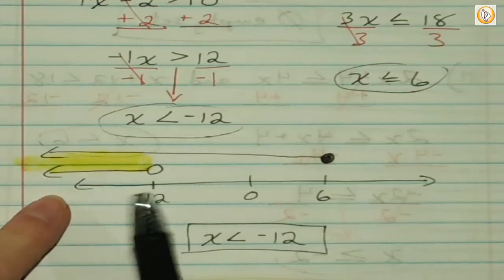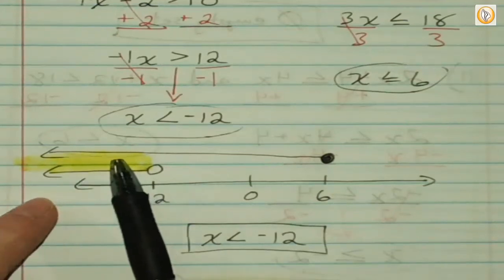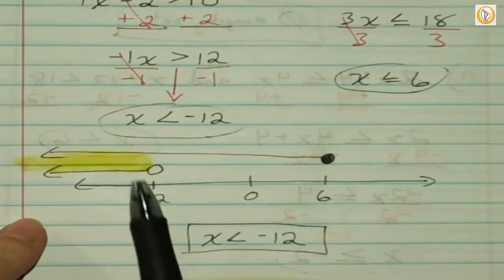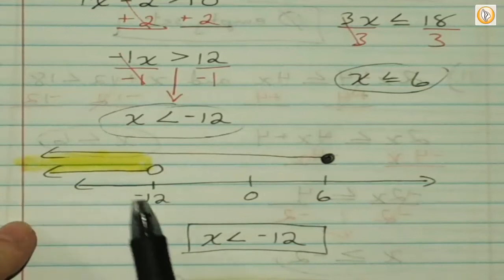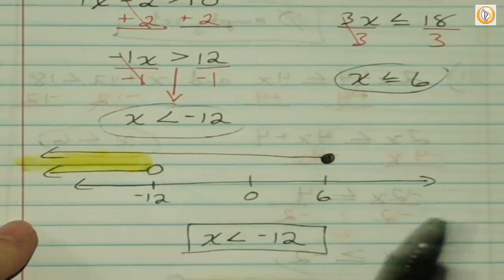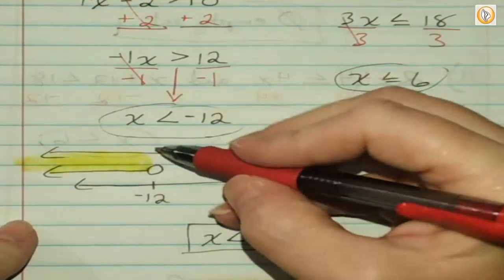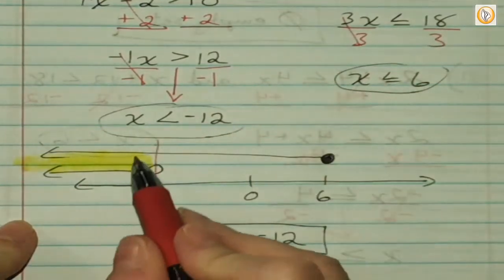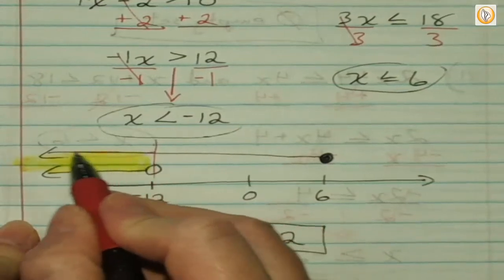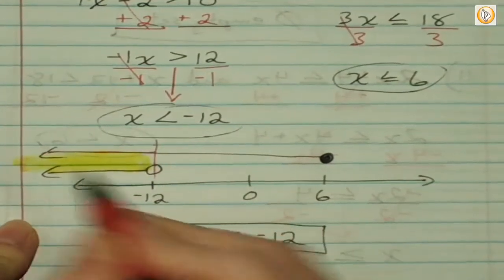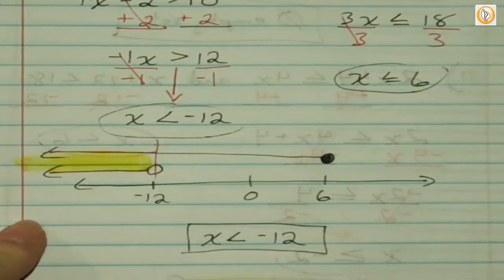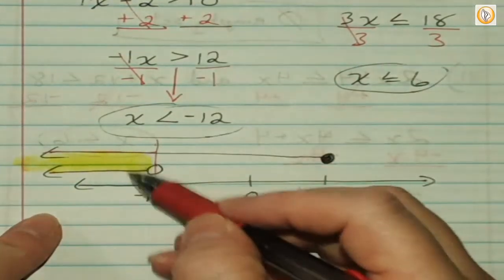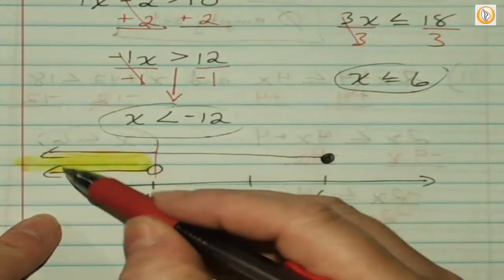So x is any number, x is in the yellow, that's less than negative 12, because right here is where both of the lines start. Right here and right here. Do you see that? So look right here. This is the part where they both have in common.